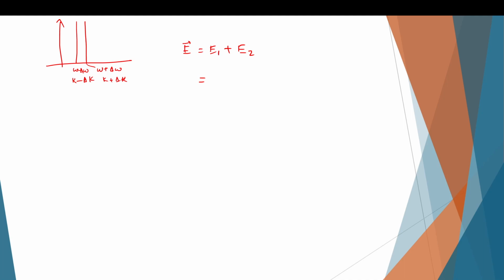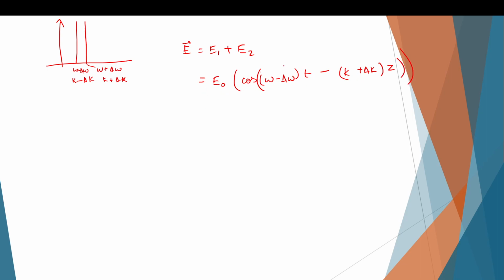How will I write E1? Say it's just a cos wave. I will write it as E naught cos of omega minus delta omega times t minus k minus delta k times z.